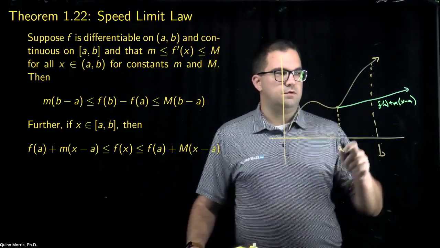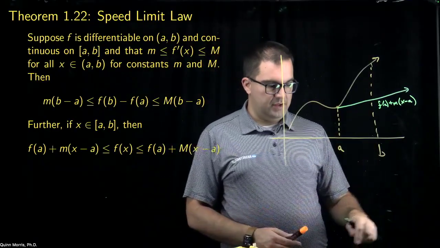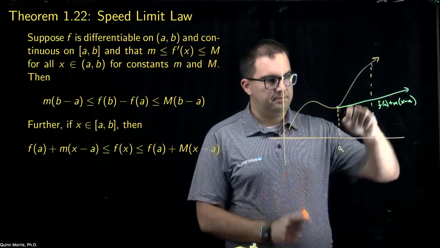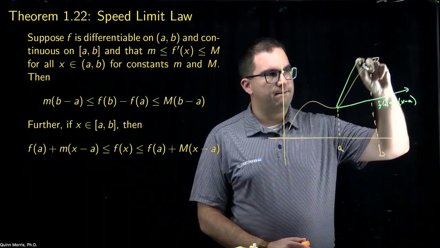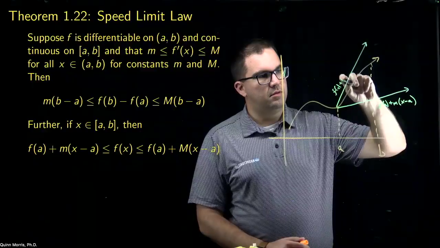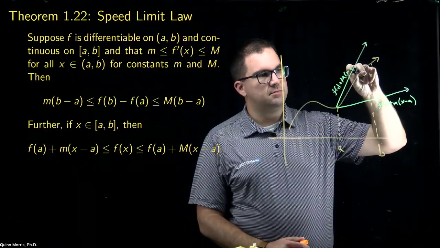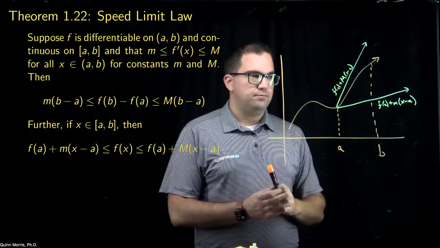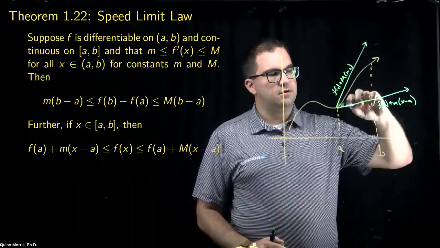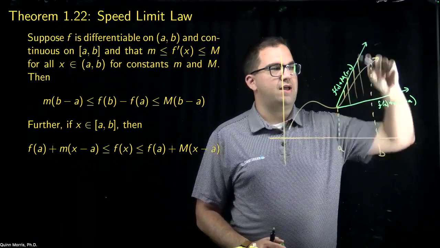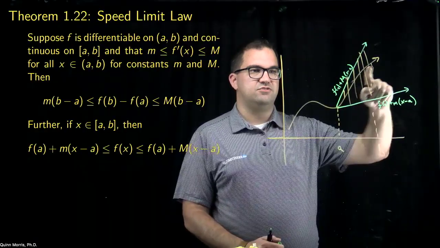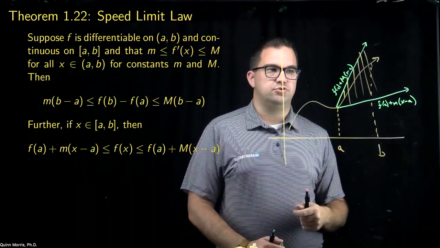Then draw the line that goes through this point with slope capital M. So it would be f of a plus capital M times x minus a. Okay. Well, what I know is that my function has to live somewhere in this range. Just by knowing these bounds on the derivative, I know my function itself has to live somewhere within this range.